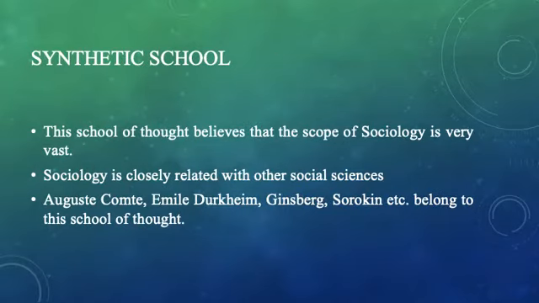Next we have the synthetic school of thought. This school of thought believes that the scope of sociology is very vast, and sociology is closely related with other social sciences also. Sociologists who belong to this school of thought are Auguste Comte, Emile Durkheim, Ginsberg, Sorokin, etc. This school believes that sociology is not an independent science, and it is related with other social sciences like political science, economics, anthropology, history, psychology, especially social psychology.